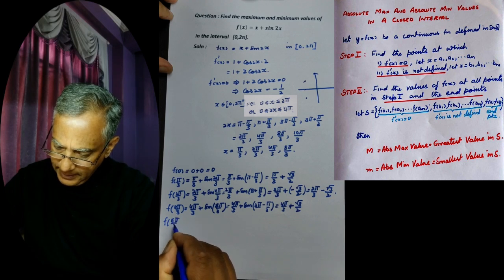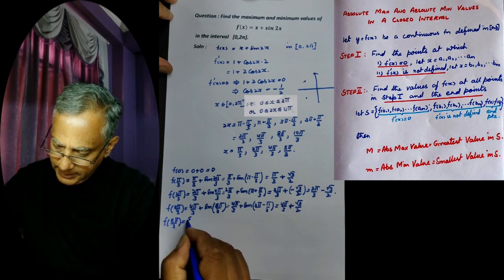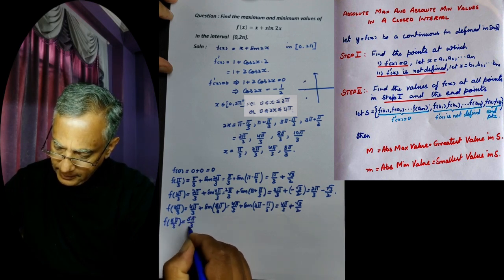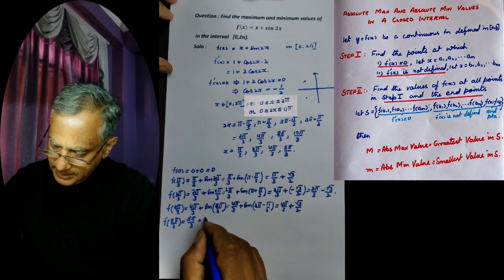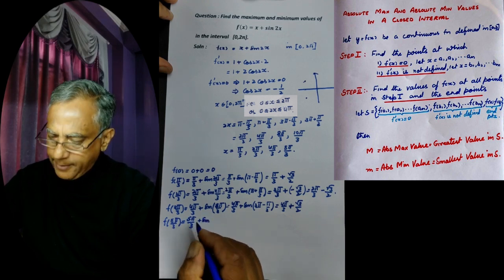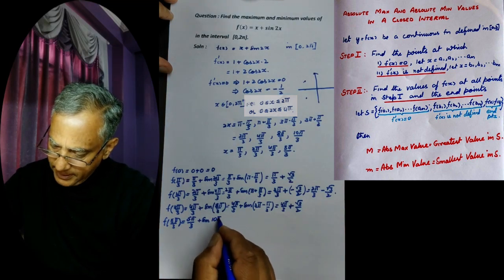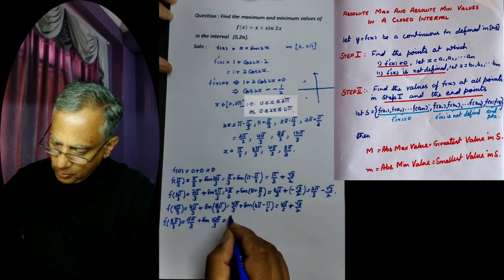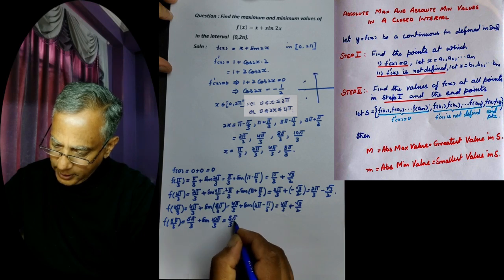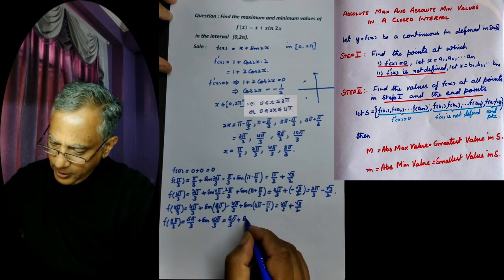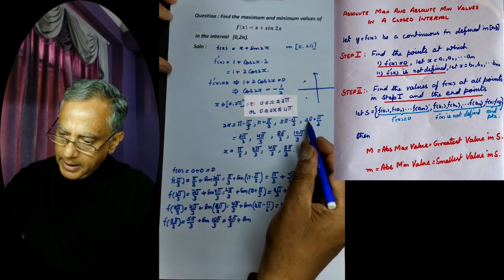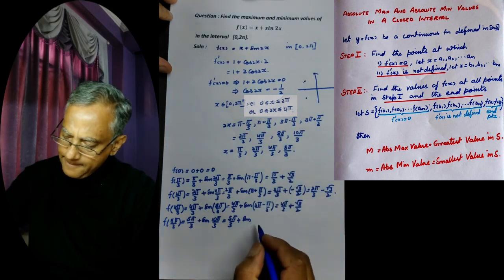5 pi by 3. That is 5 pi by 3 plus sine of 2 into 5 pi by 3. So this will be 10 pi by 3. This is equal to 5 pi by 3 plus sine of, how much is 10 pi by 3? 10 pi by 3 is 3 pi plus pi by 3.